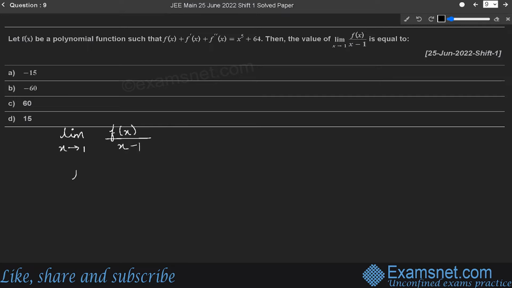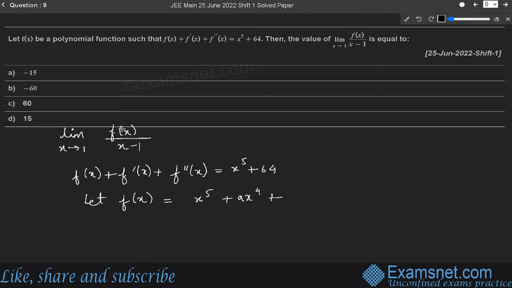It is given that f of x plus f dash x plus f double dash x is equals to x power 5 plus 64. So let f of x is equals to x power 5 plus a into x power 4 plus bx cube plus cx square plus dx plus e.